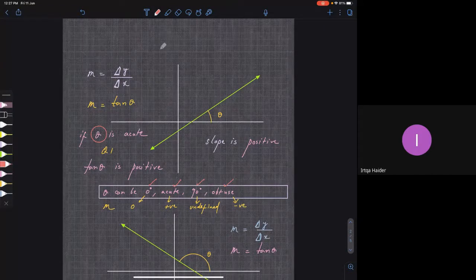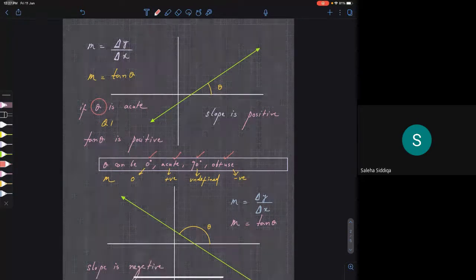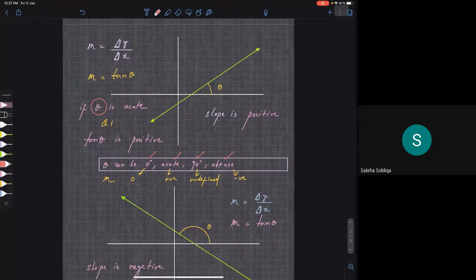Just type your doubt. Your mic is not clear, that's why. Okay, are you typing your doubt? There is a symbol for messages. You can click on that and type.